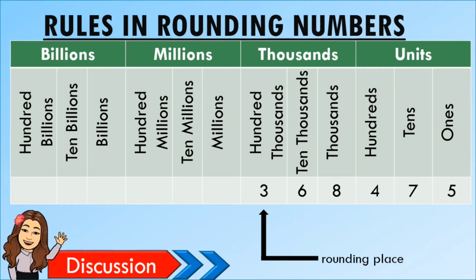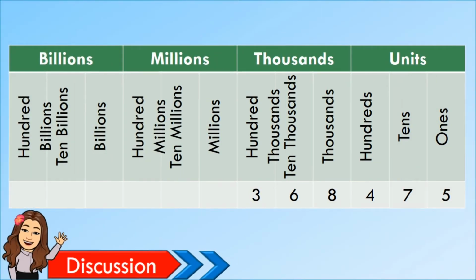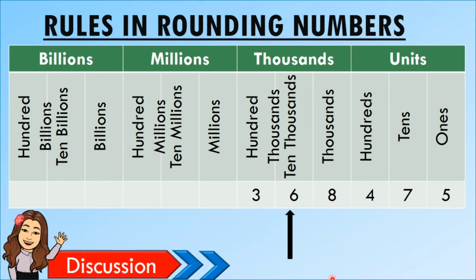Next rule in rounding of numbers is, let us take a look at the next digit after the digit to be rounded off. So the next digit to it is digit 6. Since digit 6 is greater than 5, you are going to add 1 to digit 3.